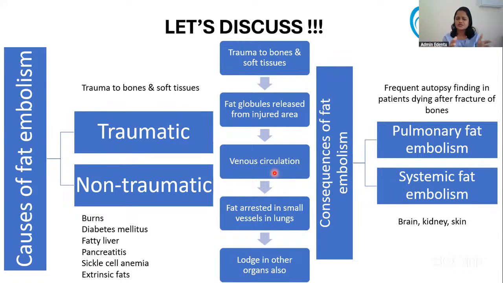The traumatic cause is the most common one. Any trauma or fracture of the bones or soft tissues can result in fat embolism. And the non-traumatic causes include burns, diabetes mellitus, fatty liver because of pancreatitis or sickle cell anemia, or extrinsic fats also.